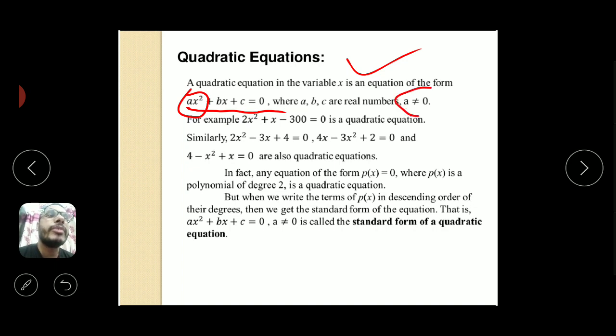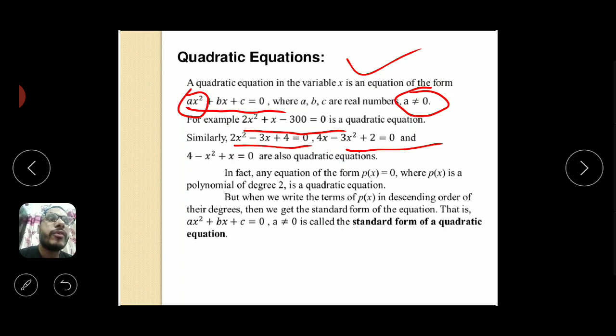So a should not be equal to 0 under any condition. For example, 2x square plus x minus 300 equals to 0 is an example of a quadratic equation. Similarly, the other examples are already given here. You can just pause the video and write your notes.